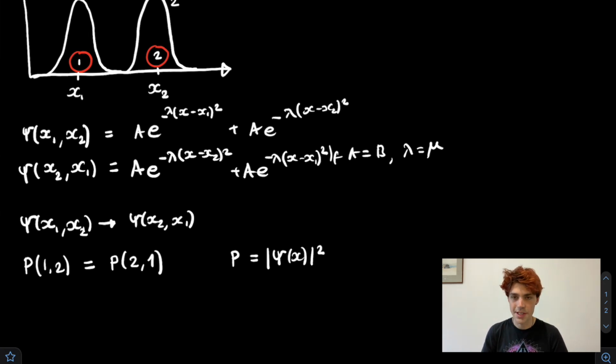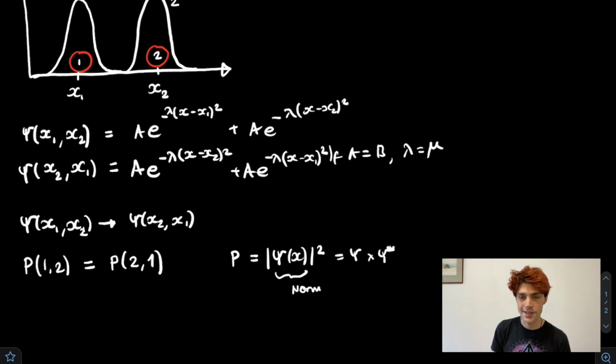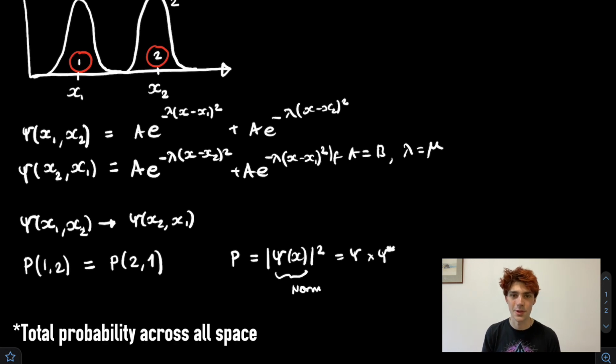So mathematically, you multiply the wave function by its complex conjugate, and that will give you the probability, which of course has to be a real number between 0 and 1. This is assuming that the wave function is normalized. If it's not normalized, then you have to normalize it such that the probability is equal to 1, because of course the particle has to be found somewhere in space.